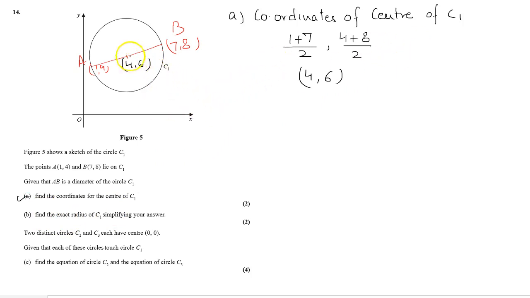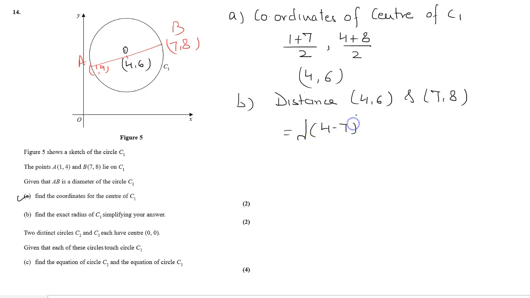Now we have to find the radius, which is this distance. Let this be O. So distance between (4, 6) and (7, 8) is equal to root of (4 minus 7) square plus (6 minus 8) square.